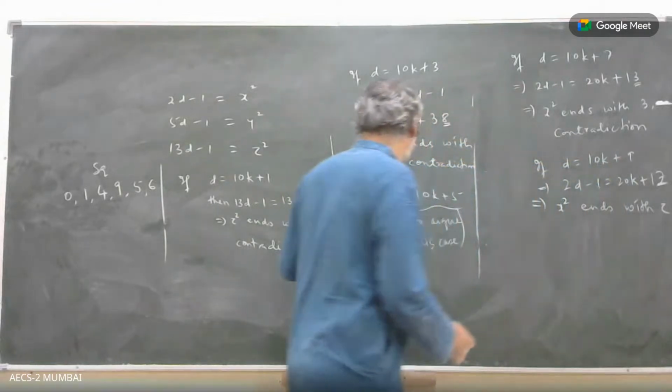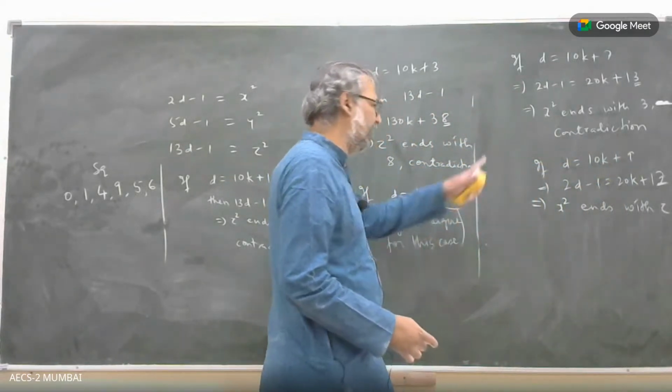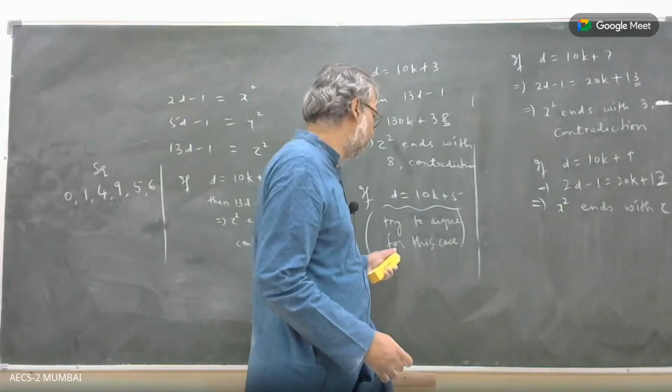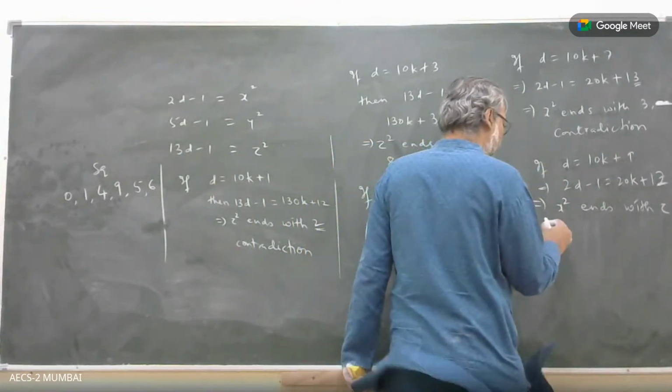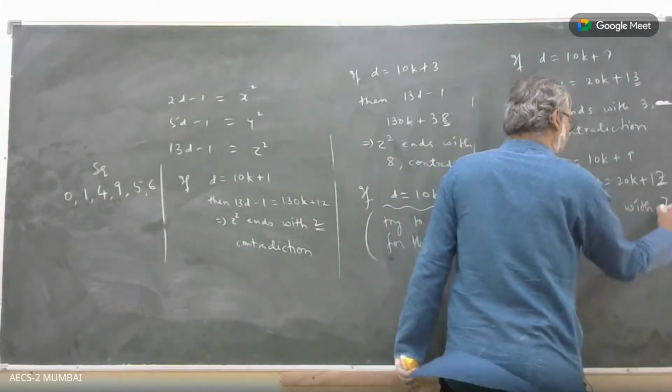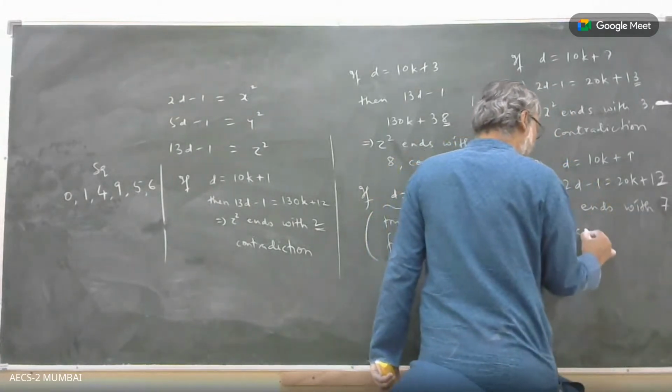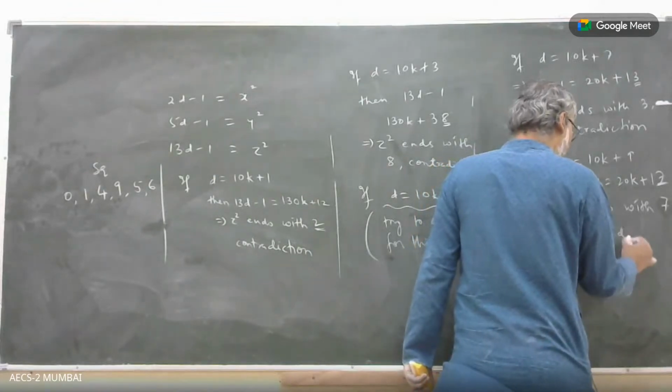Again a contradiction. So except the case d equal to 10k plus 5, we have settled every other case. This is again a contradiction. Yeah, good, very good.